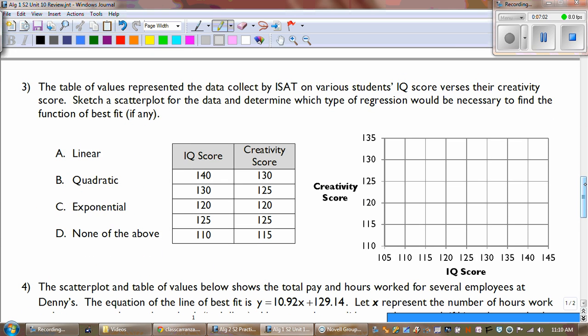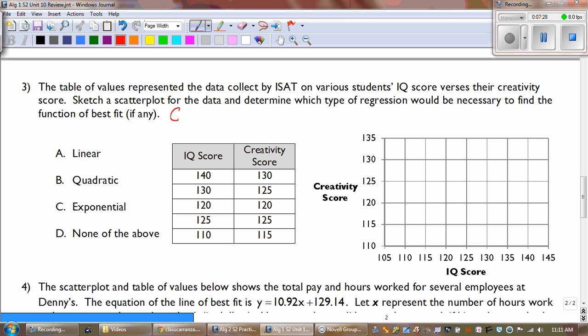Okay. Number 3 says the table of values represents the data collected by ISAT on various students' IQ scores versus their creativity score. Sketch a scatter plot for the data and determine which type of regression would be necessary to find the function of best fit, if any. So, what you guys have to do is, well, what do you gotta do? You gotta graph, okay? So, I want you to pause the video and try to graph these on your own.